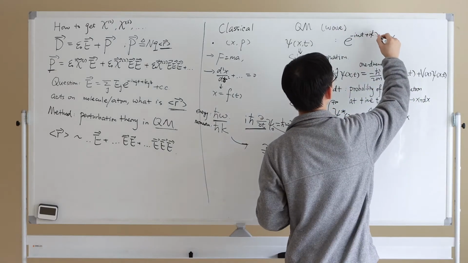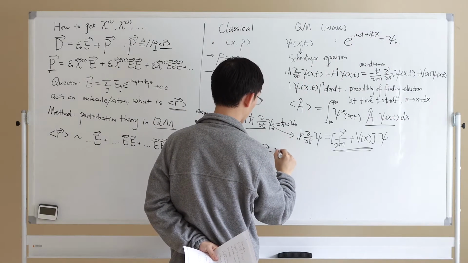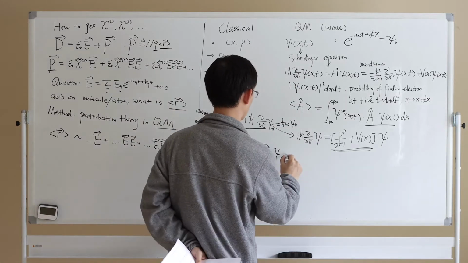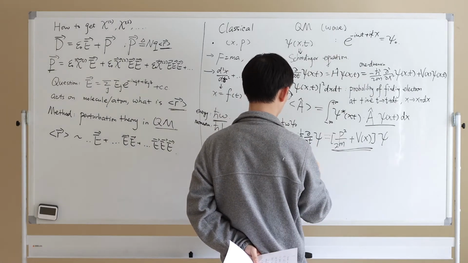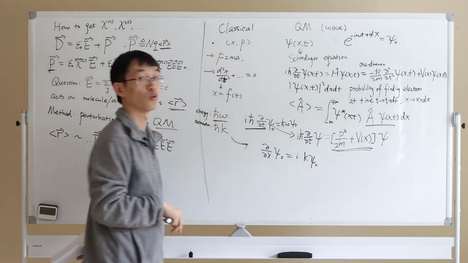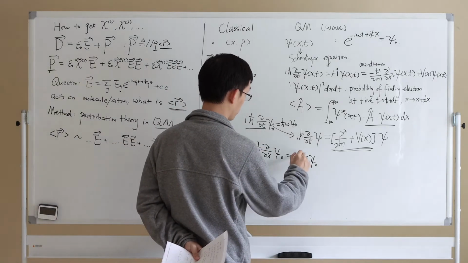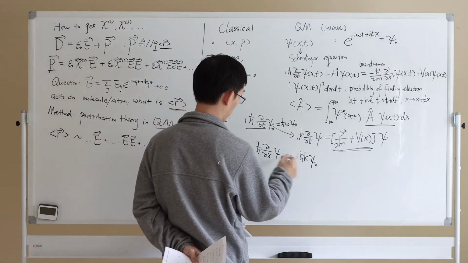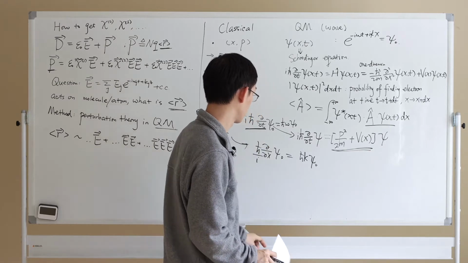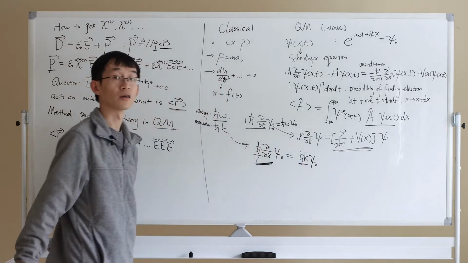We want to get k out, so you can do partial x on this plane wave psi naught. Then you will get ik in the front, multiplied by the plane wave itself. So to get h bar k, you multiply by h bar on both sides, and then you divide by i. So this operator gives you h bar k, the momentum.